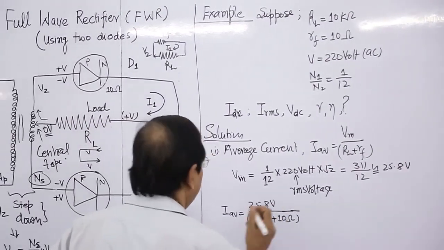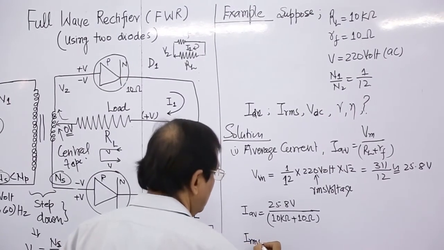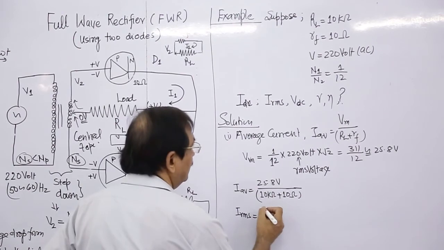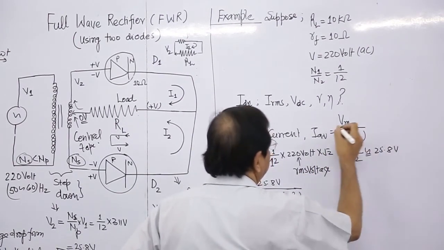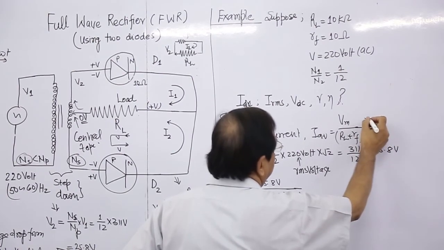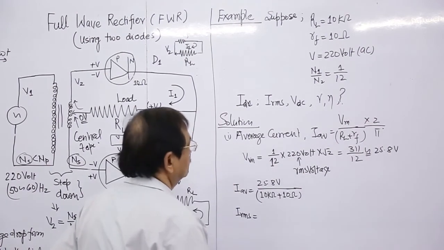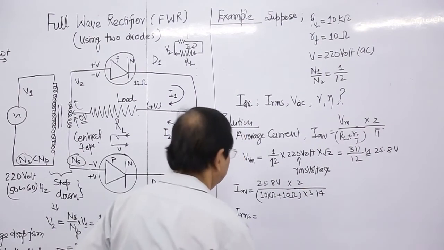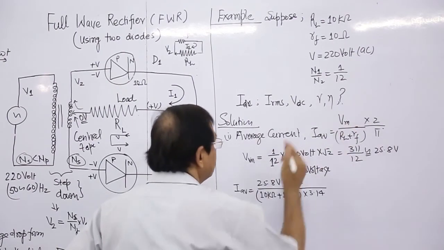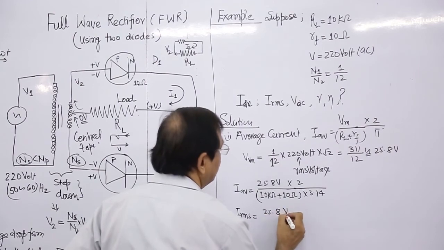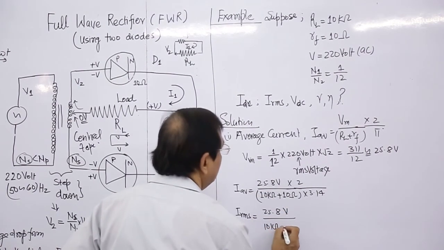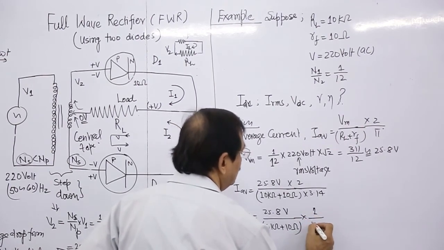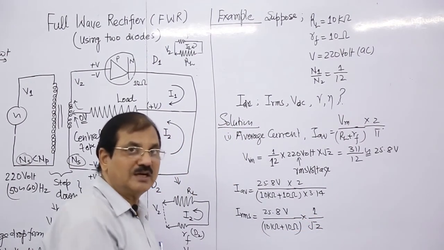Similarly, the IRMS value is Im into 1 upon under root 2, that is 25.8 volt over 10 kilo ohm plus 10 ohm, times 1 upon under root 2.